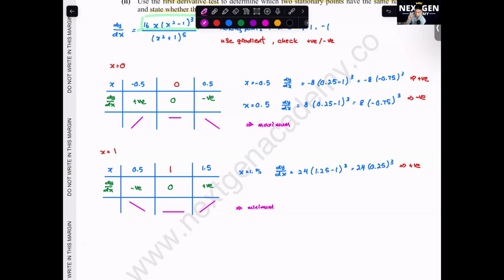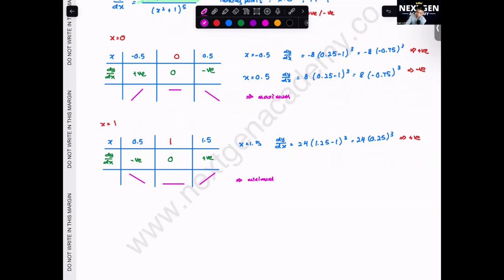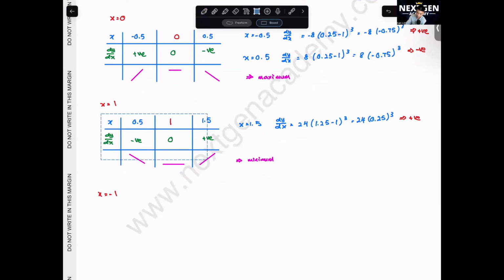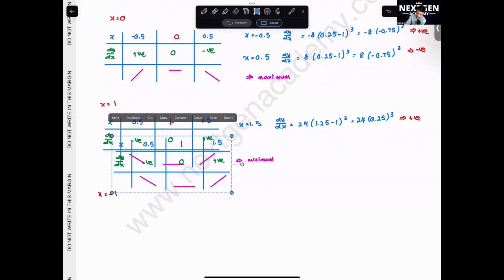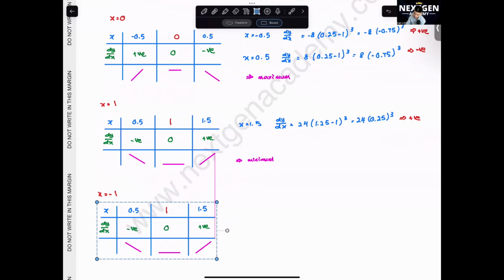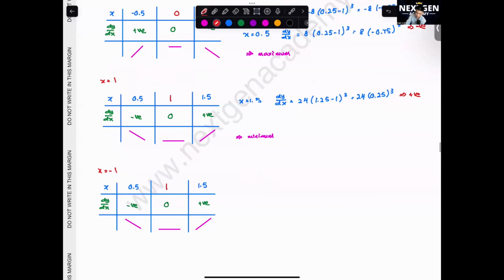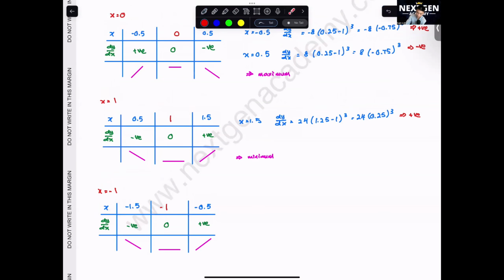All right, we're going to repeat one more time for x equals to negative 1. Do the same thing. For negative 1, I will use the values of negative 1.5 and negative 0.5. Negative 0.5, you go back to the first one, we already found it. It's a positive value.